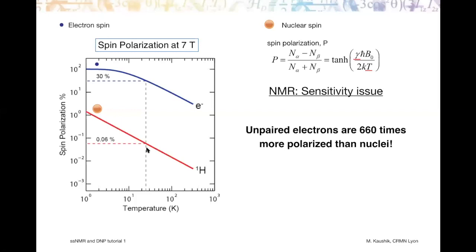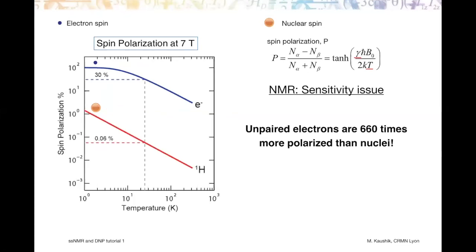And this brings up the sensitivity issue in NMR. Because of its intrinsic low gamma, it requires a lot of experimental time to obtain useful signal because the signal is inherently low. On the other hand, unpaired electrons have orders of magnitude higher polarization.